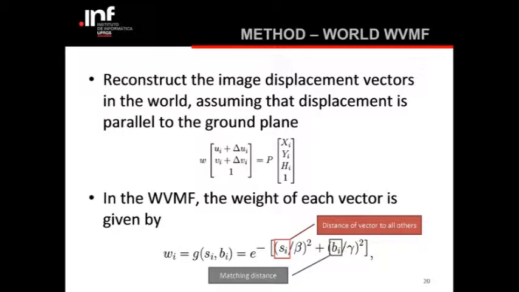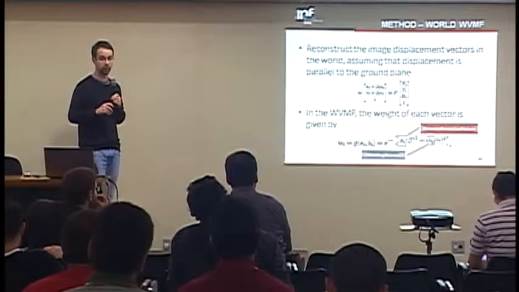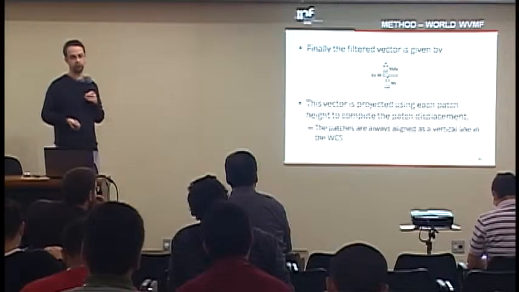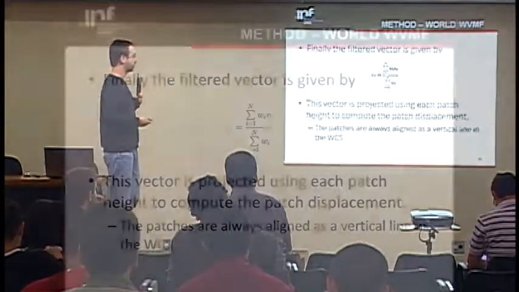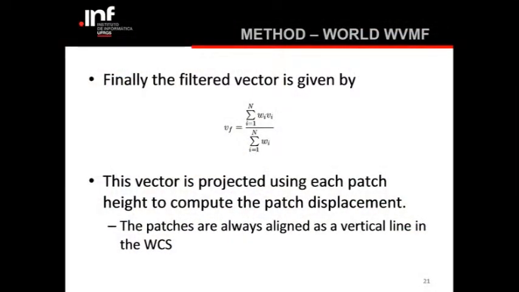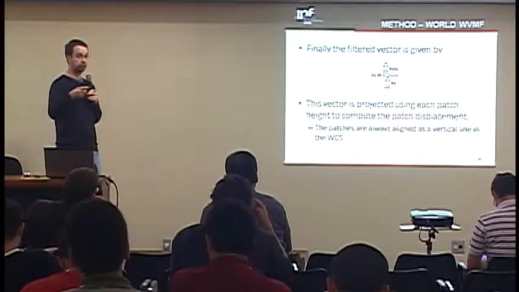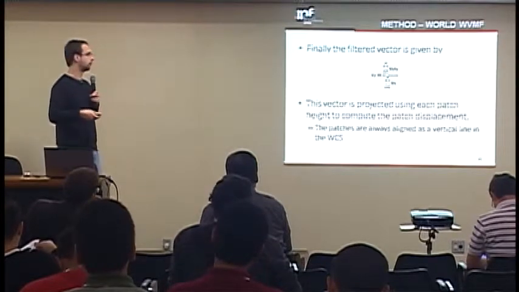So the patch is not well matched, so it's going to receive a small weight. So the final filtered vector is just the average sum of these vectors, of the 3D displacement vectors. So okay, now we have a 3D displacement vector, only one, which corresponds to the translational movement of the person.